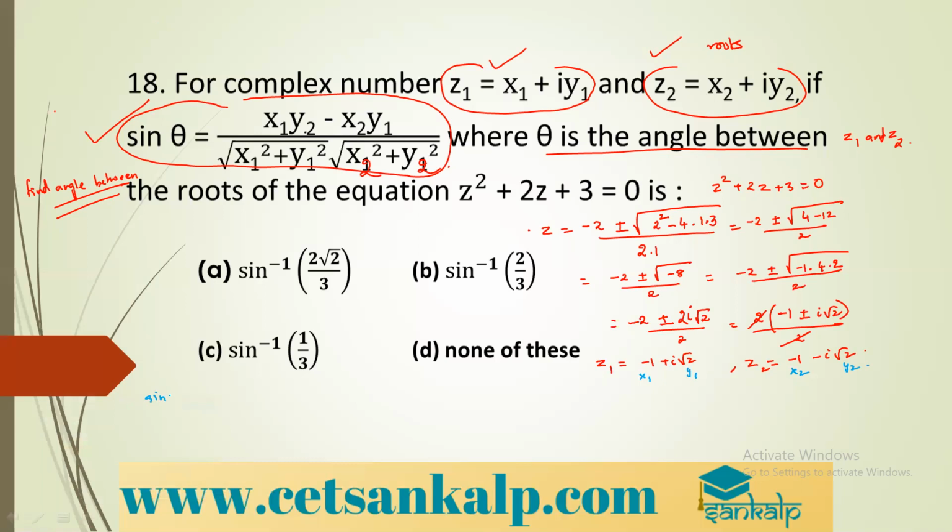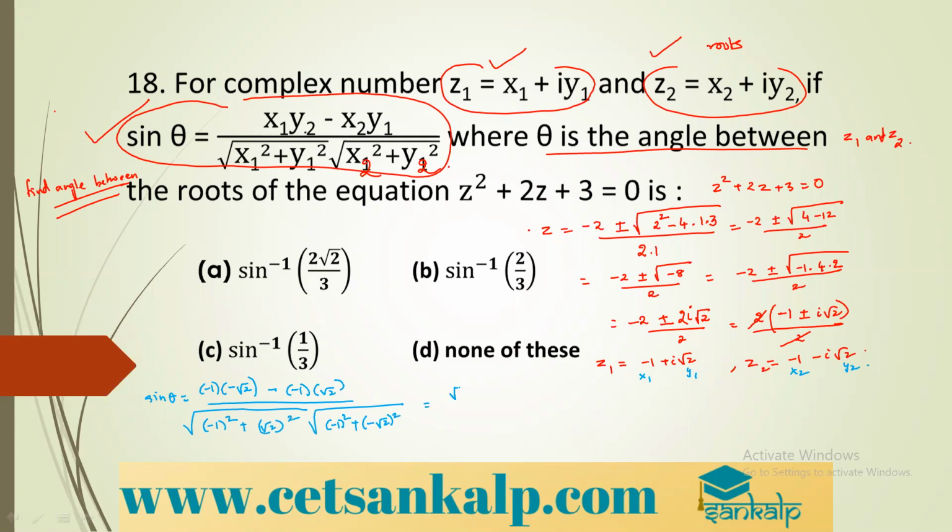So I can use the sine theta formula. x1 y2 is minus 1 into minus root 2, minus x2 y1, which is minus 1 into root 2, by square root of x1 square, minus 1 square, plus y1 square, root 2 square, into square root of x2 square, minus 1 square, plus y2 square, minus root 2 square.